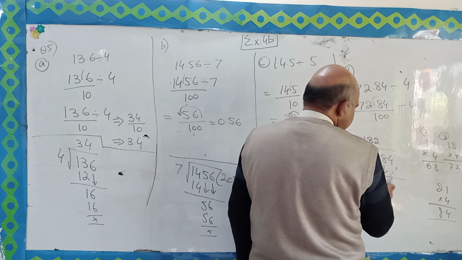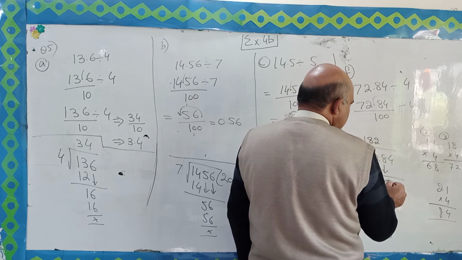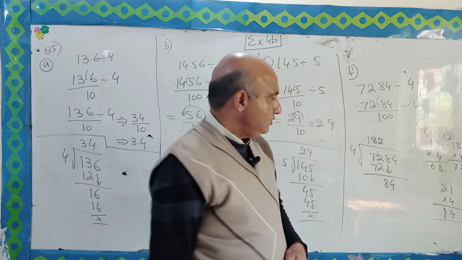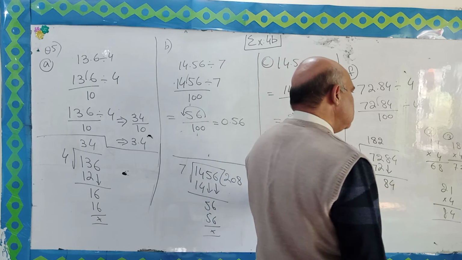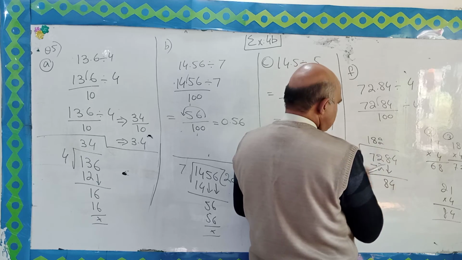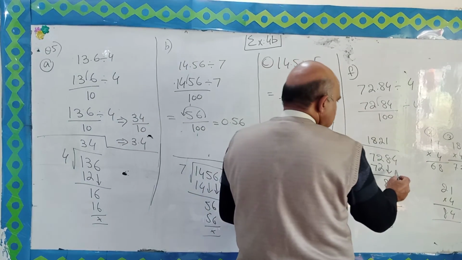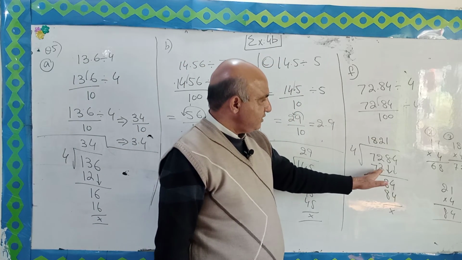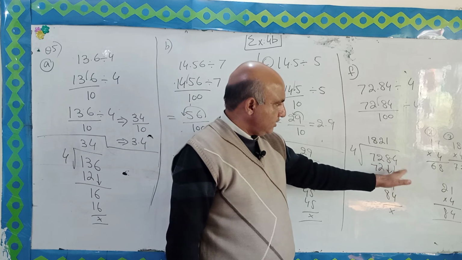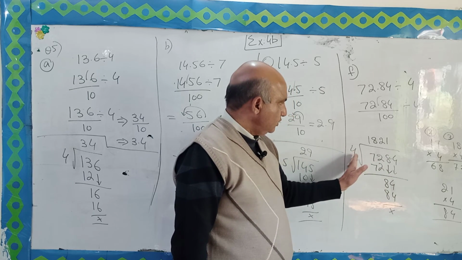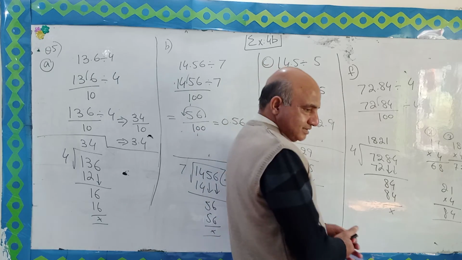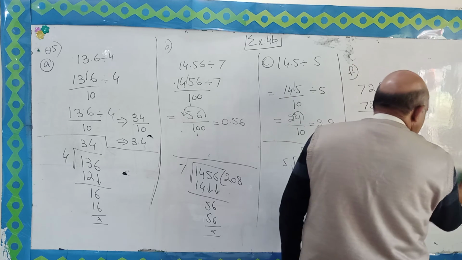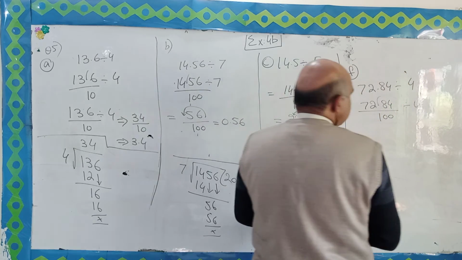We will take only the 8 as well. Here 4 18s are 72. So here 84, we bring the whole 84 here. So 4 21s are 84. So the answer is here, that is 1821, right?